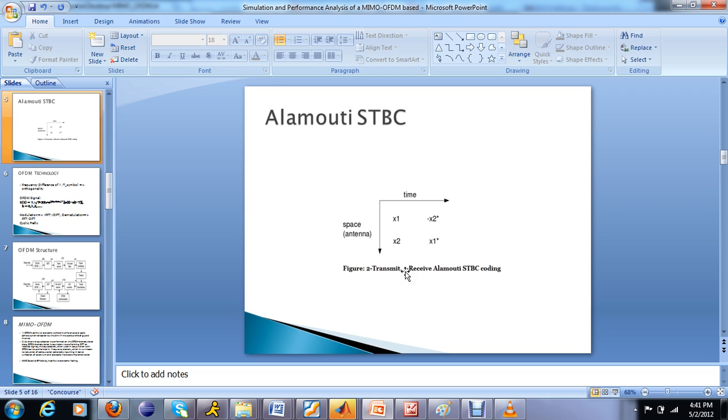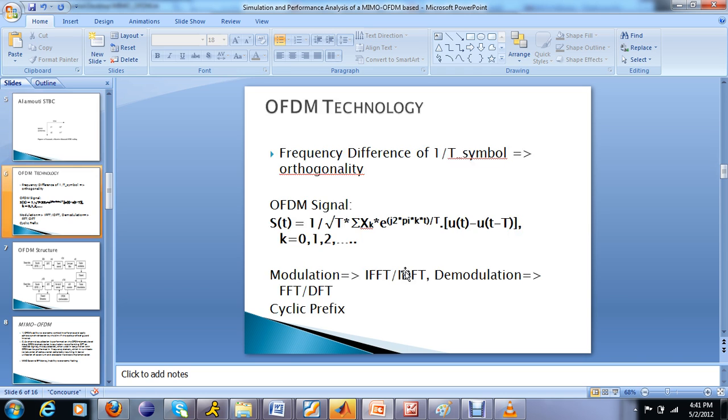So we see that although we have two transmitter antennas, we are still taking 2 time slots to transmit 2 symbols. Therefore our data rate remains constant, it doesn't get doubled.